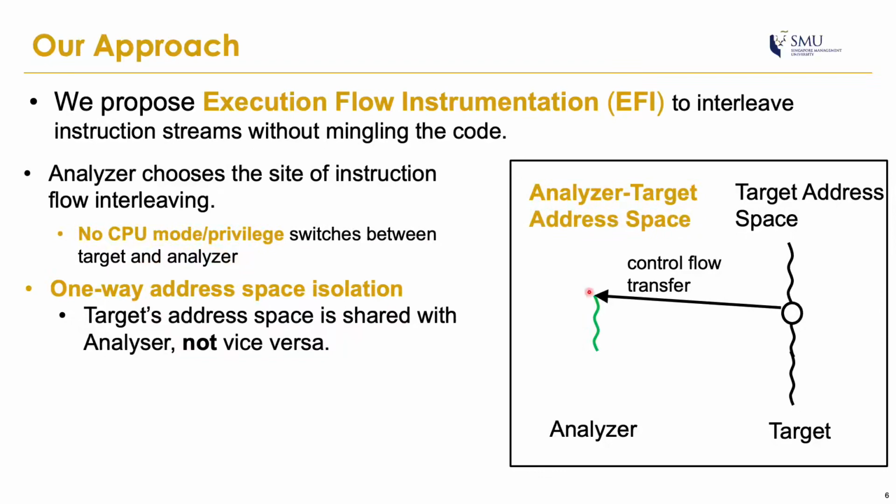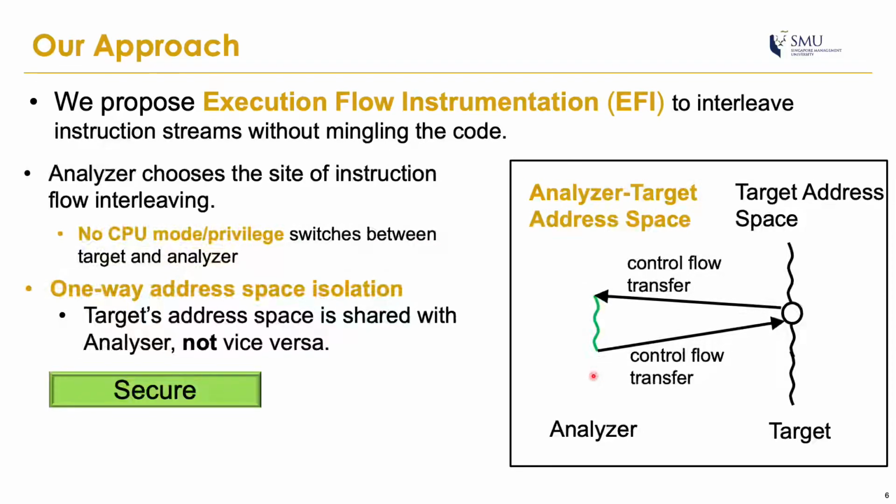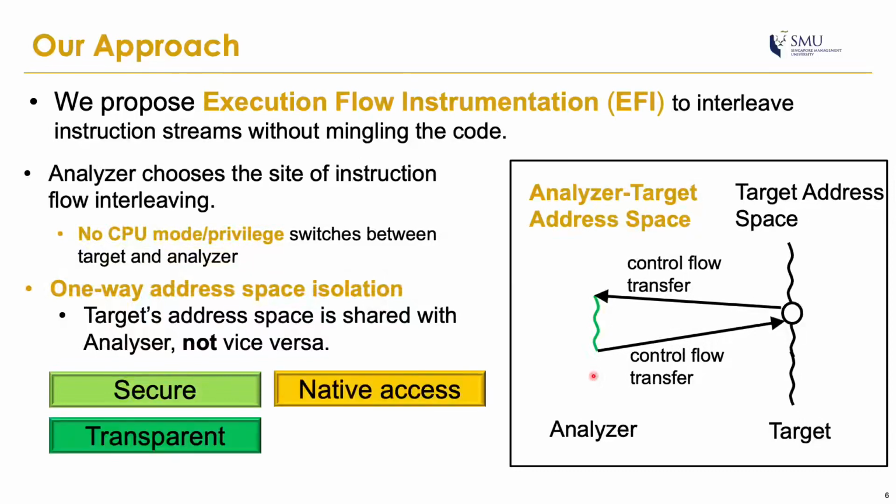This shared address space contains mappings not only to the analyzer's memory, but also to the target's memory. So this one-way address space sharing allows the analyzer to have native access to the target, while preventing the target from looking into the analyzer. So we achieve secure, transparent, and native access goals.